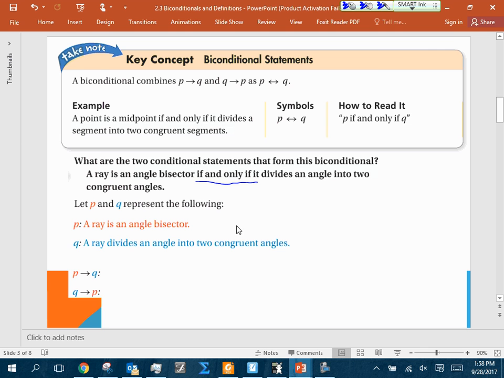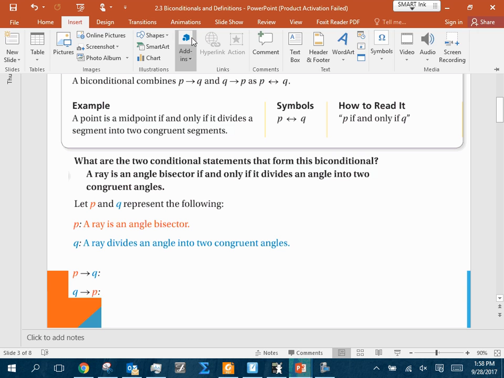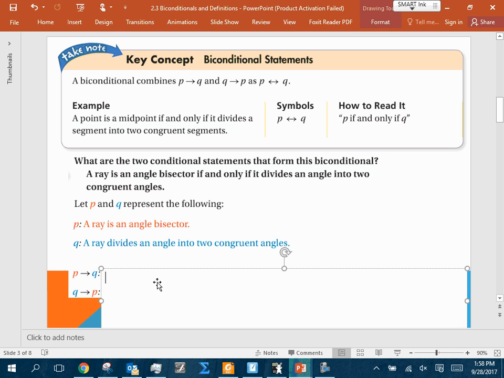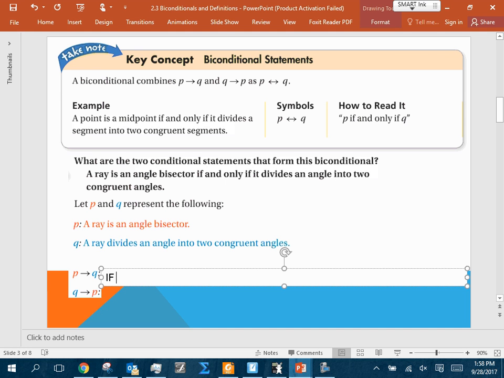Okay? So the first thing we're going to do to write one of these conditional statements is simply take the biconditional and put the word if in front of it. So if a ray is an angle bisector. And now where I see the words if and only if, I'm going to replace them with the word then.